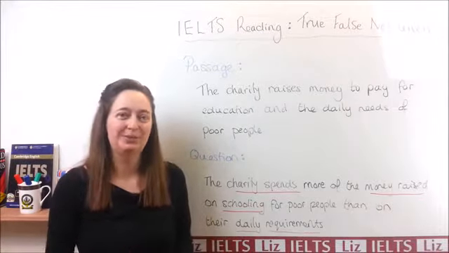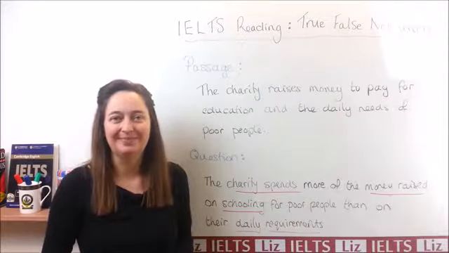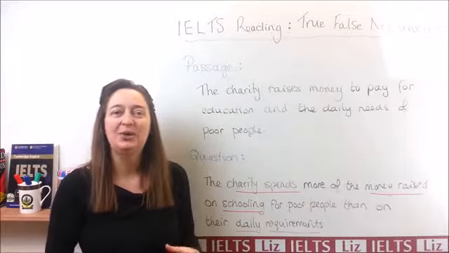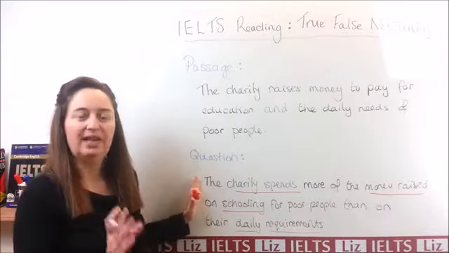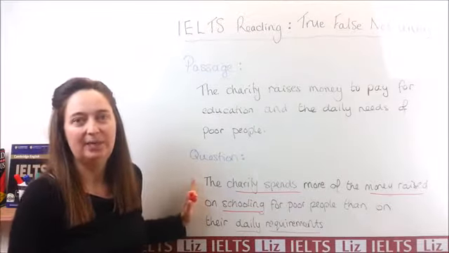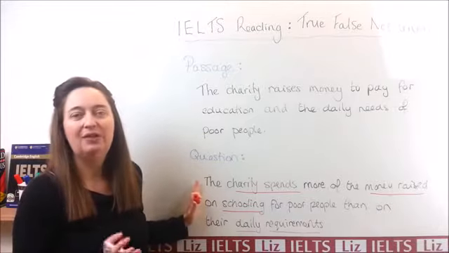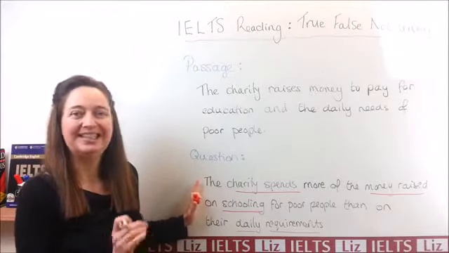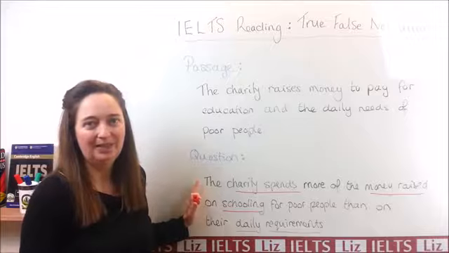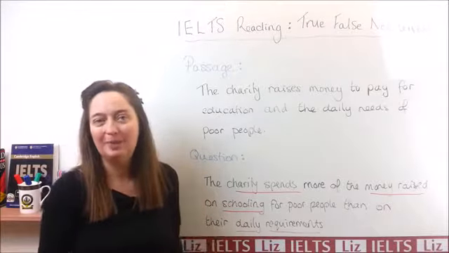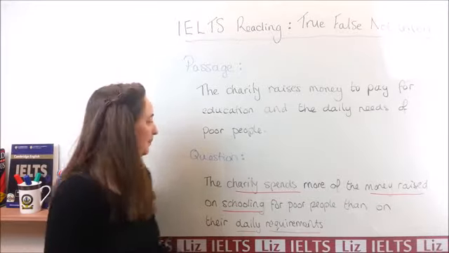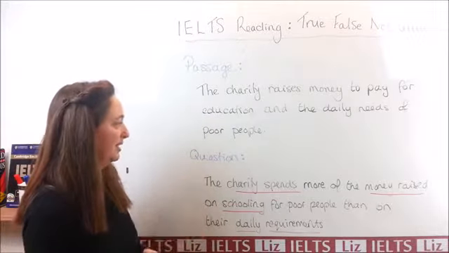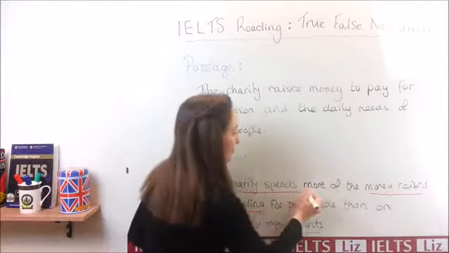Again, what do you think? True, false, or not given? Well, we need to look more deeply at the statement. Now remember, if the answer is true, it means that the information matches. And if the answer is false, it means this is the opposite information. Now, we should prepare the opposite information to make sure that we can decide if it's true or false. So they say the charity spends more.